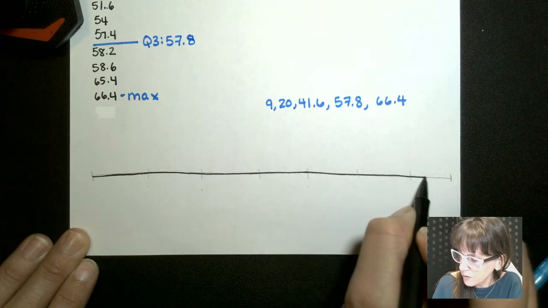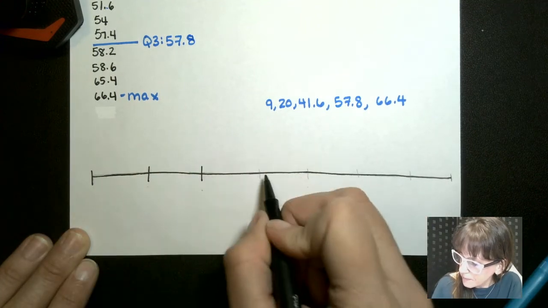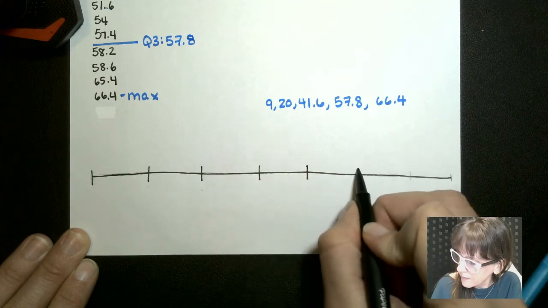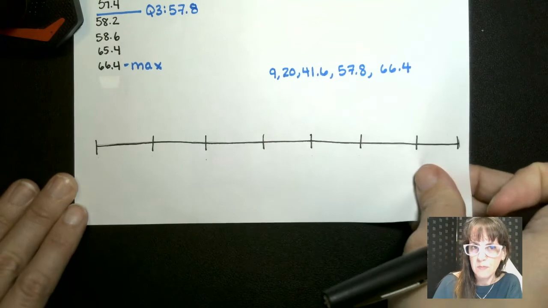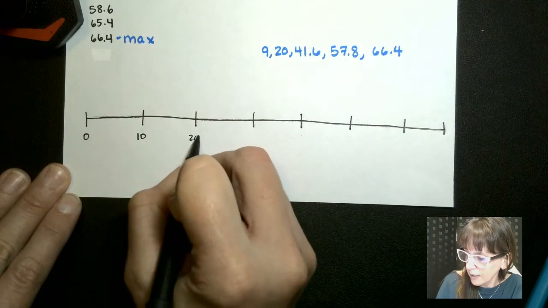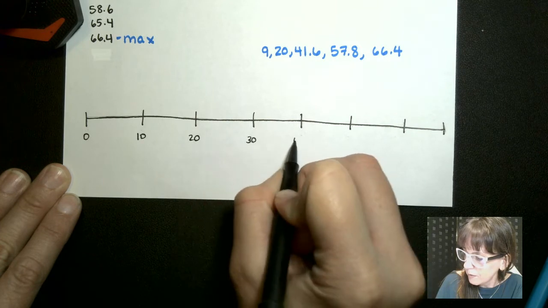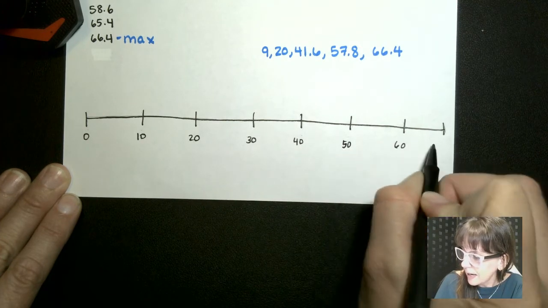Of course, if you're doing this, you should probably use a ruler. I don't know why I didn't do that. Sorry about my sloppy lines there. Okay, so what we can do is say 0, 10, 20, 30, 40, 50, 60, and 70.